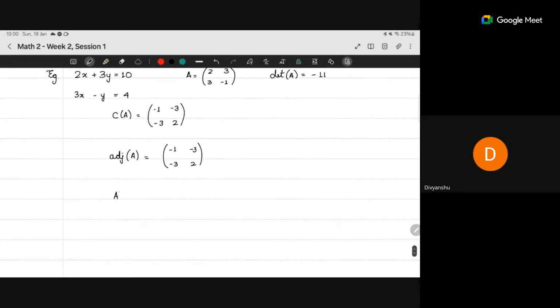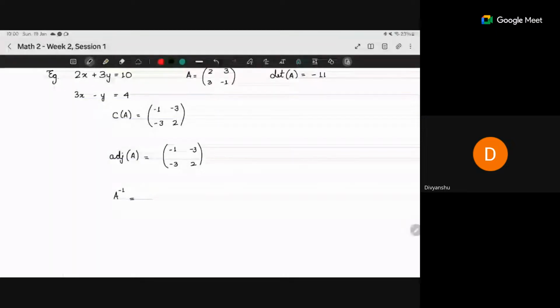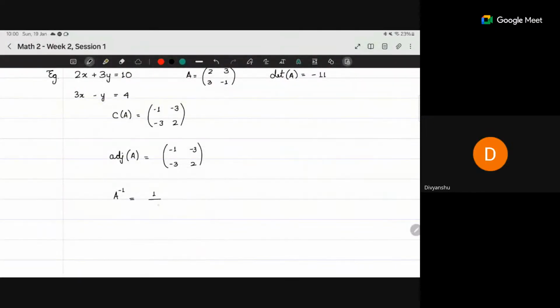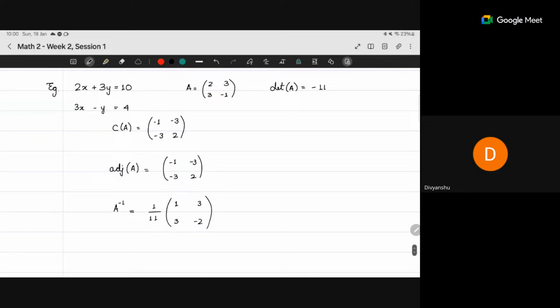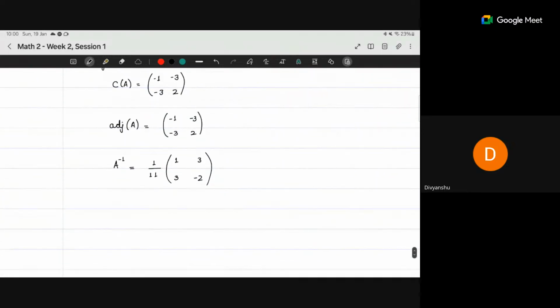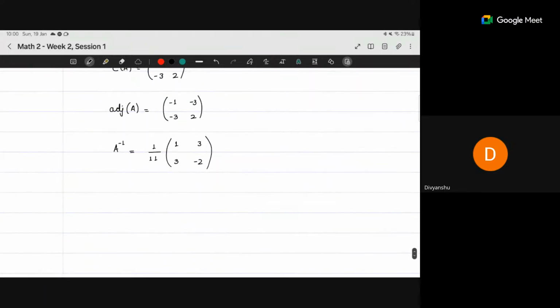Now, what is A inverse then? Adjoint, 1 by 11 of (−1, 3; 3, −2)... Correct? So A inverse we have computed.